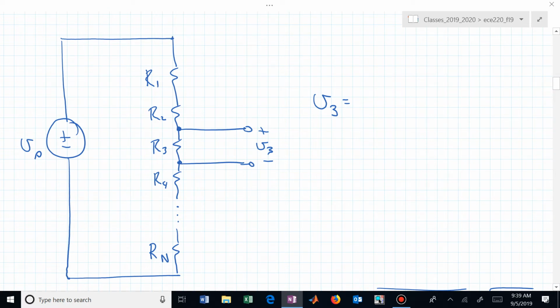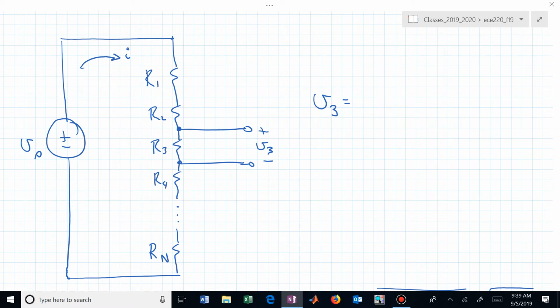Let's say it is I. Can you find the current I? By Ohm's law, that would be V sub S divided by the total resistance. And the total resistance is the sum of all of those series resistors.